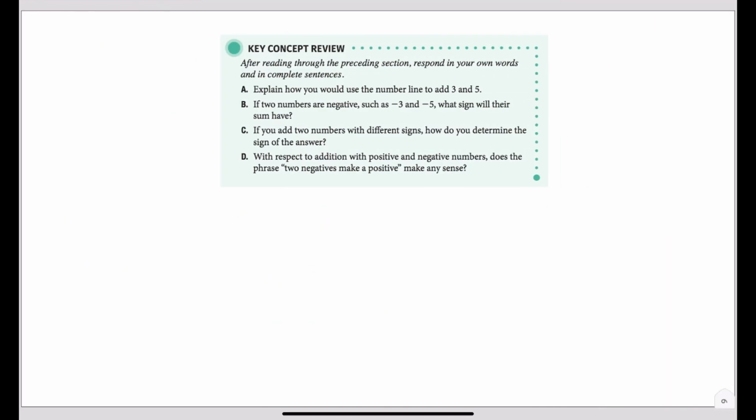So let's review some of the concepts here. So how would you use the number line to add 3 and 5? So this is going all the way out to 10, so there's 3. So what I'll do to add 3 and 5 is I'll start at 3, and then I'll move 5 units.